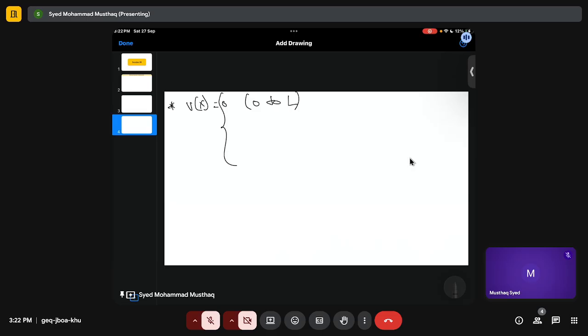The potential is 0 inside, and it is infinite when x is less than or equal to 0, and again infinite when x is greater than or equal to L. So these are our assumptions.